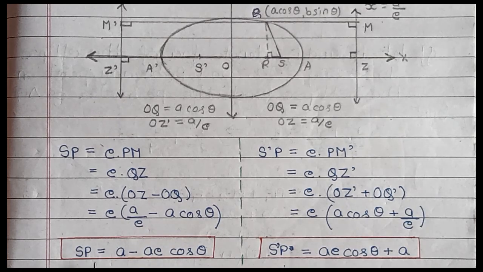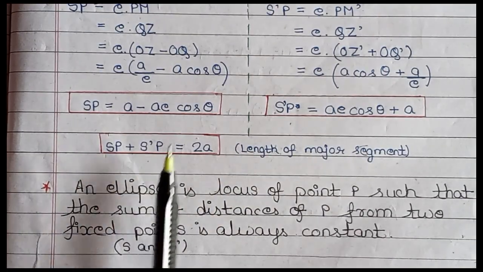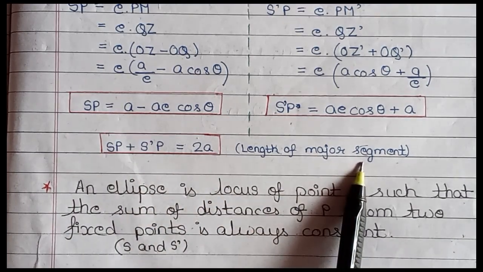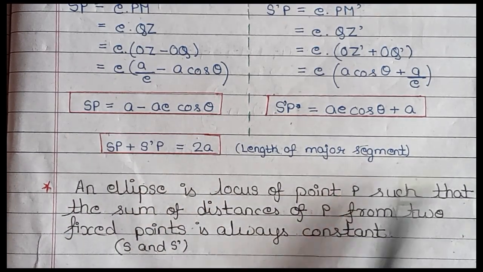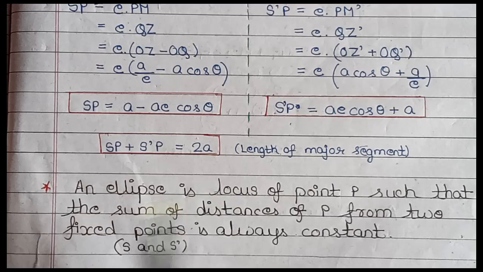Here we notice that SP is a minus ae cos theta and S dash P is ae cos theta plus a. So if we add both these, that is SP plus S dash P, we will get a constant which is 2a, which is the length of the major axis. So in other words, we can define the ellipse in this way, that an ellipse is a locus of a point P such that the sum of distances of P from two fixed points S and S dash is always constant.